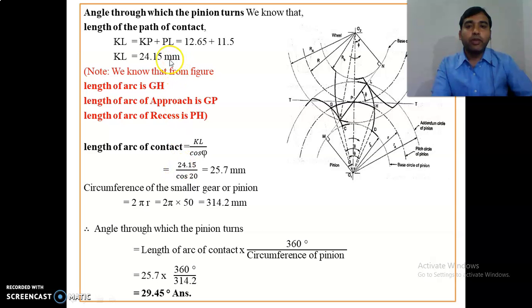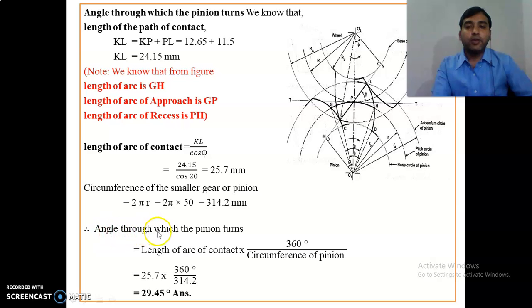So we found the length of path of contact 24.15 upon cos 20, so we get the length of arc of contact 25.7 mm. Now find the circumference of the smaller gear, that is called the pinion. The circumference is 2 pi r, but this r is of the smaller gear. So 2 pi into 50. So we get the circumference of the pinion as 314.2 mm.